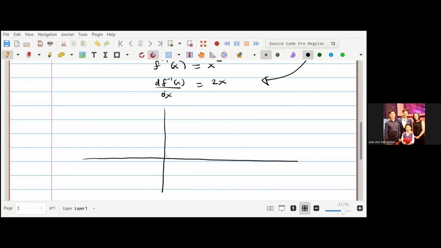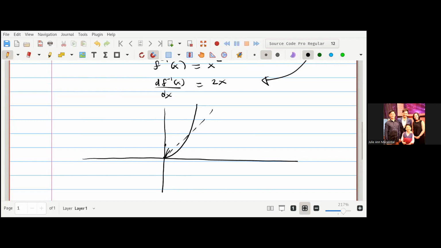So square root of x is going to look like, so if this is y equals x, yung square root of x will be shaped like so, y squared, yung inverse ng square root of x. So when y is 0, yung inverse is ganito.